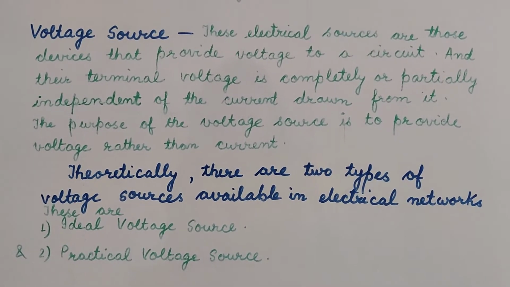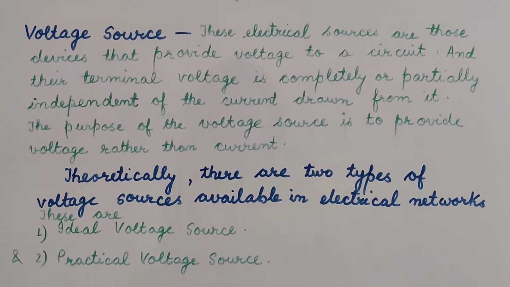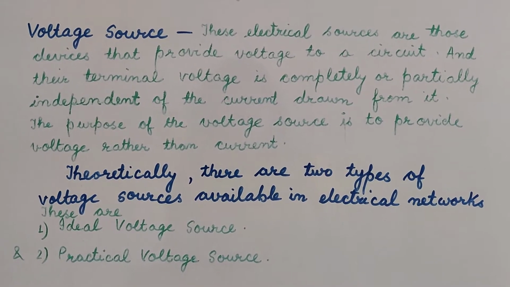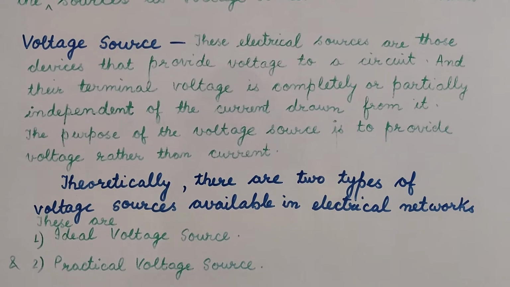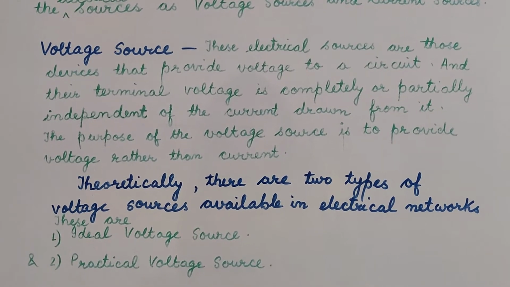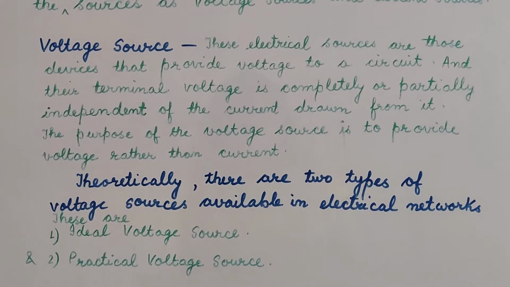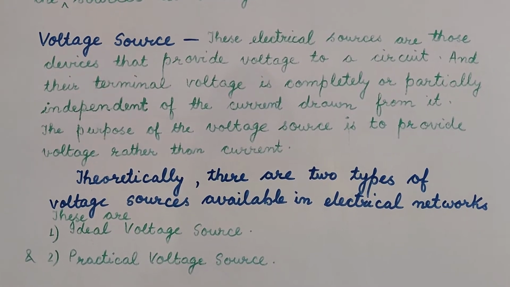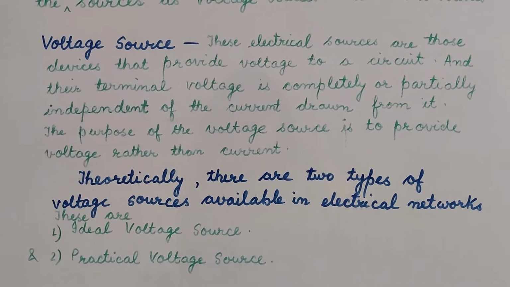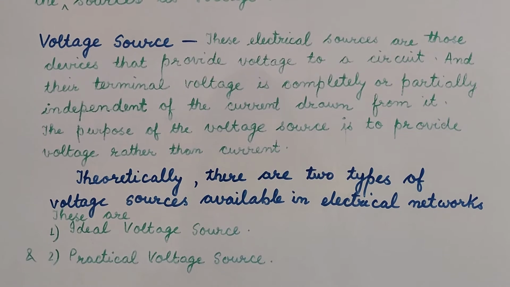Such type of source will have zero internal resistance. That is, an ideal voltage source will have zero internal resistance so that there is no voltage drop across the internal resistance, and the voltage across its terminals is the same as the voltage of that voltage source.